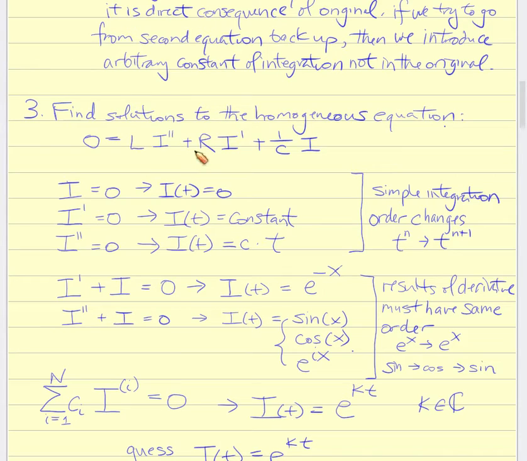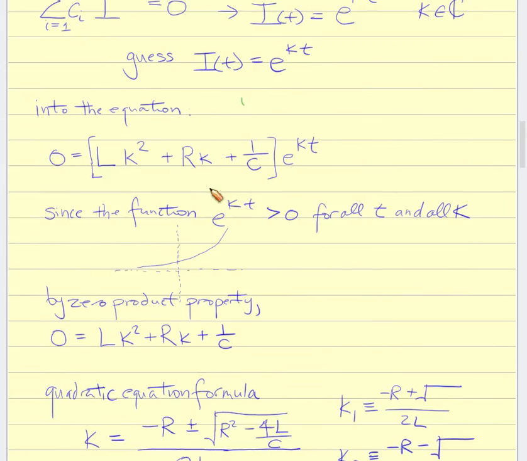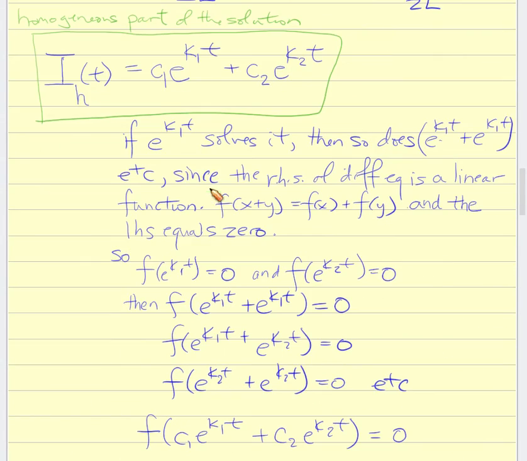So if we plug in x, or if we plug in y, or if we plug in x plus y, the result is always 0. So if x solves it, and y solves it, x plus y also solves it.